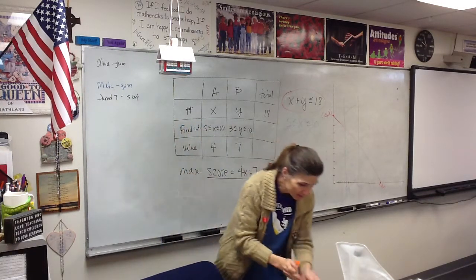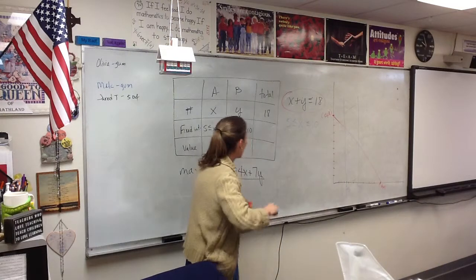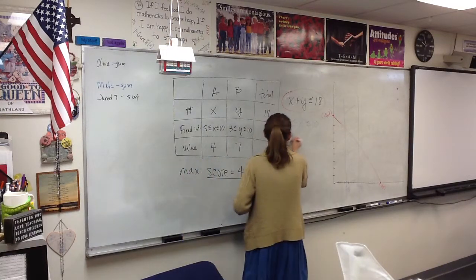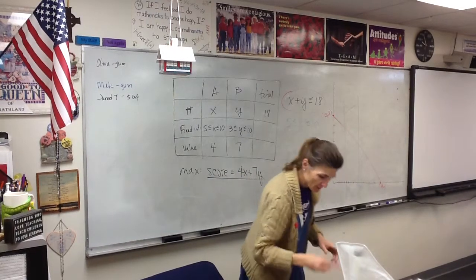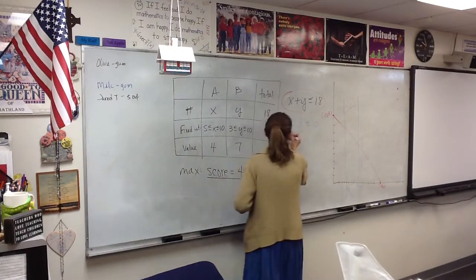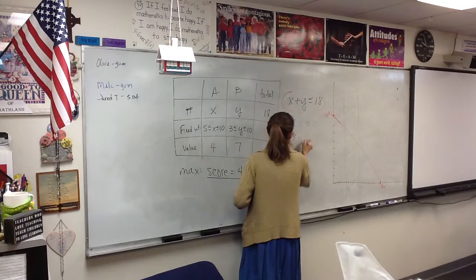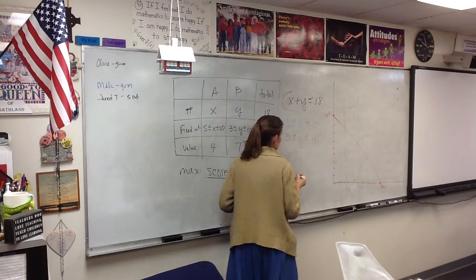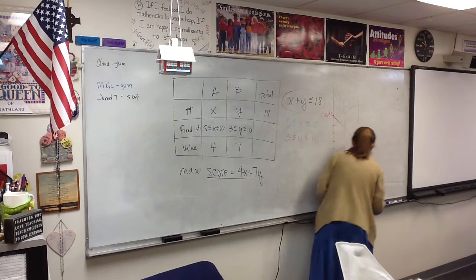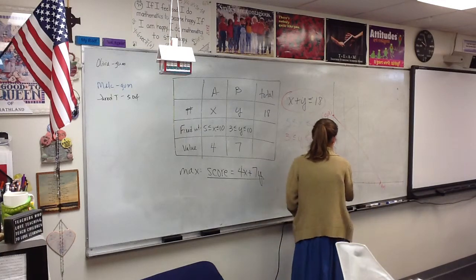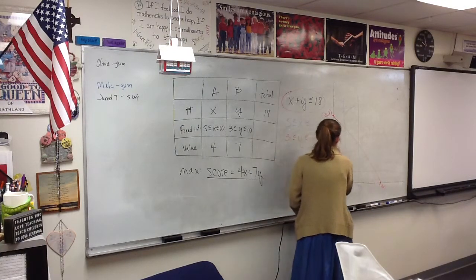And then my y's, oh, can't even see that one. It's a pretty color, but the board's too dirty. My y's are everything between 3 and 10. So that would be here, to here.